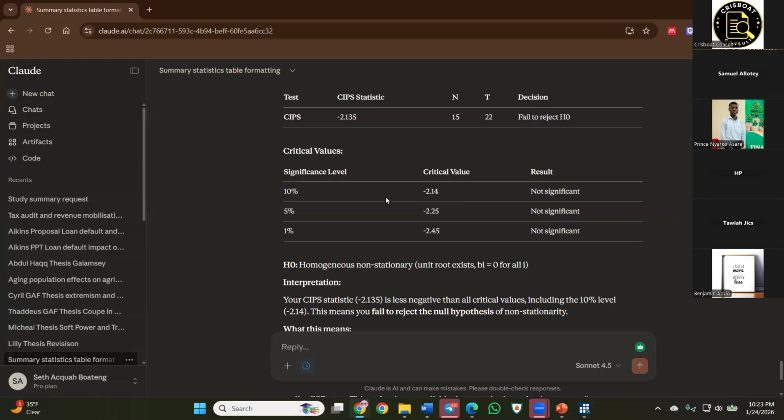Please hope you can see that. The SIPS value is 2.13, and then the critical values are 2.14, 2.25, 2.45. So the SIPS statistic is less than the 5%. So let's focus on the 5% since that's what we are using. If this SIPS statistic is less than the critical value, it means it is not significant. If it is not significant, it means the series is not stationary.